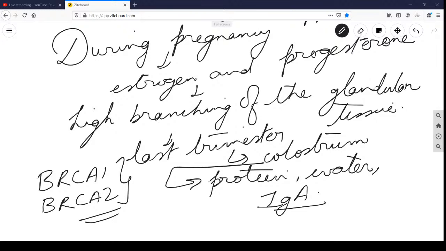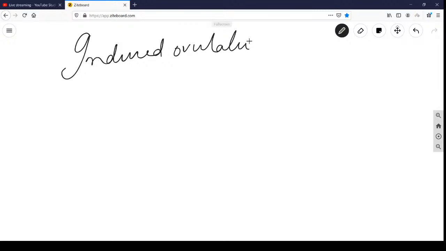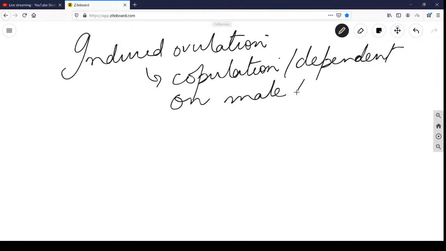There are two types of ovulatory processes. You have induced ovulation, where ovulation would only occur during coitus or copulation, dependent on male behavior.